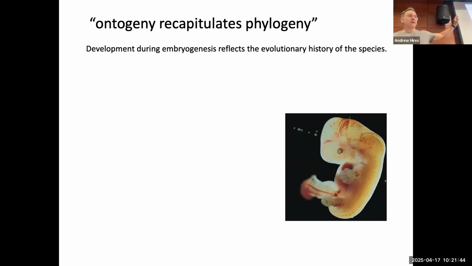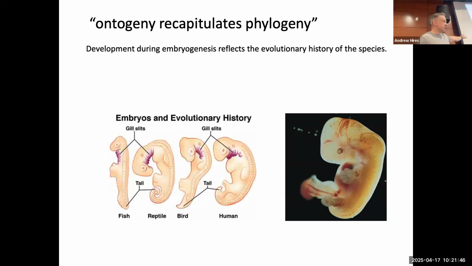So basically all vertebrates look very similar at the earliest stages of embryonic development. We all have developing gill slits. We all have a tail, but during the process of development, there's going to be a differentiation that takes place in mammals and humans that gets rid of those things.